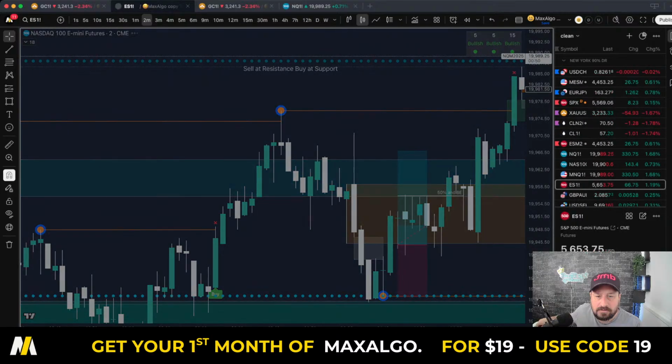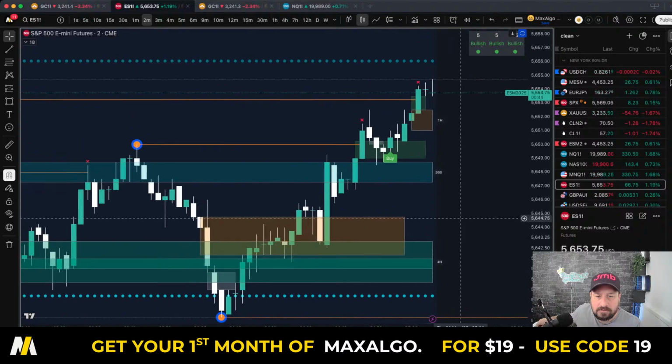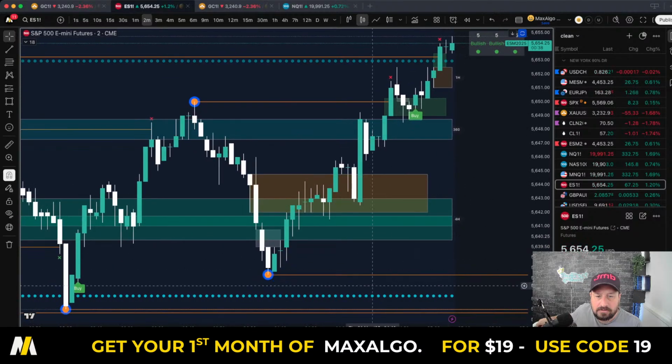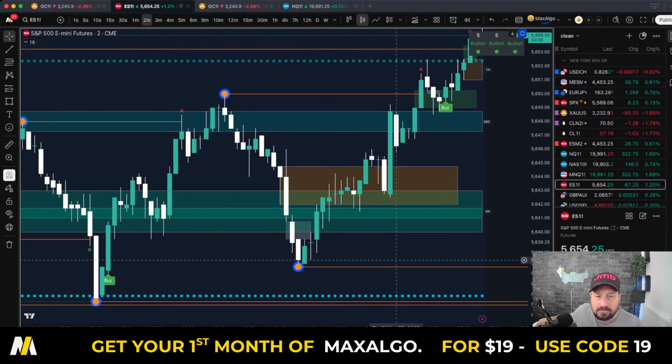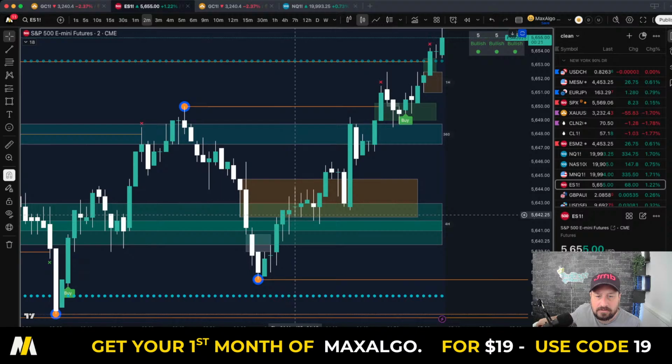Let's have a look. So after the reversal here, you can see, look, we leave 2 VIBs. Price closes that one, leaves this one open. And then here's a good example.